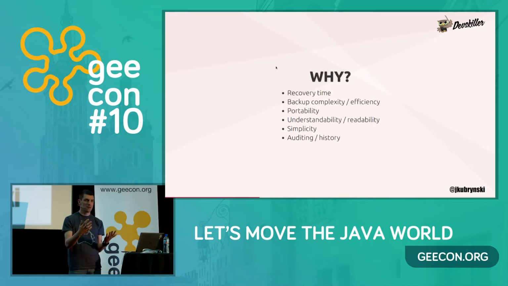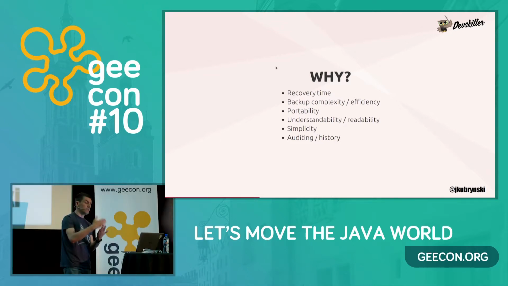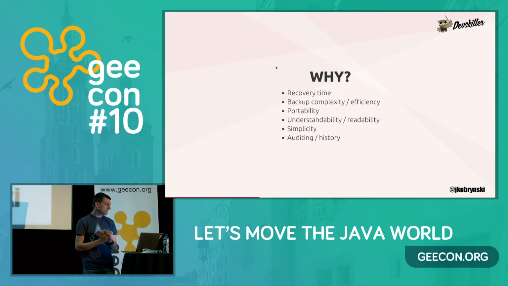I've done everything. Did you configure something? Ah, sorry, I forgot to open a firewall. I forgot to do something, okay? That's the problem. You can have it in the documentation, but as long as documentation is not maintained automatically by the code, it's hard to say that it's current, okay? So the first thing is the recovery time.